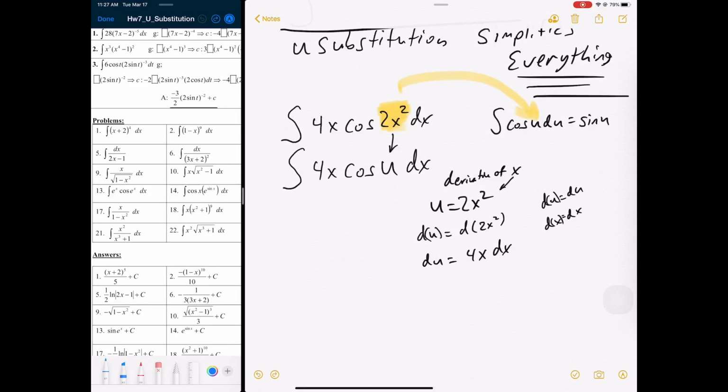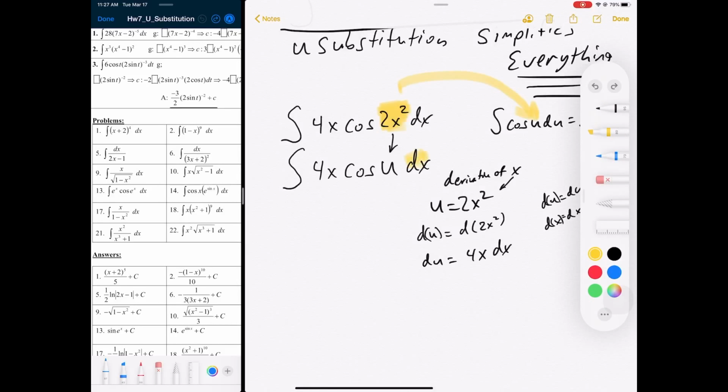Okay, here's our part now. We're trying to get this guy here, dx, right? We're going to solve for dx by getting rid of the 4x. So opposite of multiply is divide, so divide by 4x on both sides. If you notice something kind of cool, I'm going to rewrite this now.